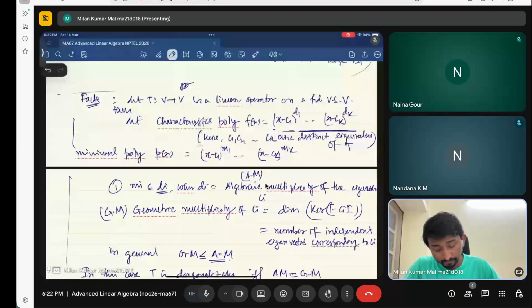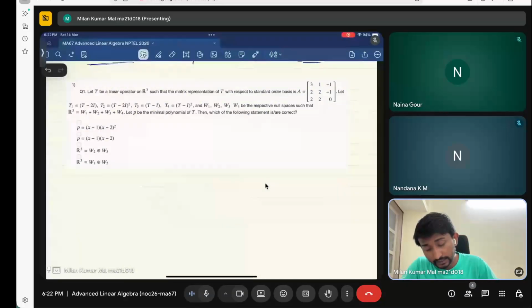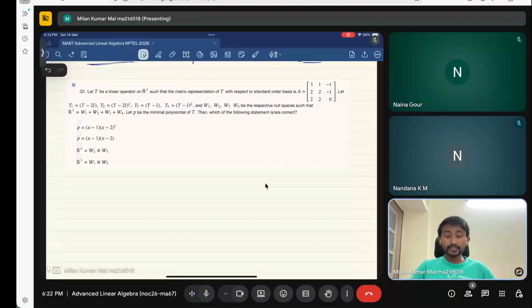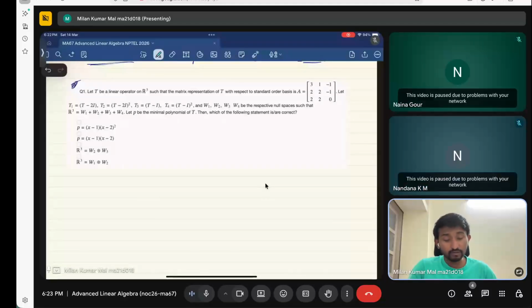So here is a problem. This problem says: let T be a linear operator on R3 such that the matrix representation of T with respect to the standard ordered basis is A, equal to this.